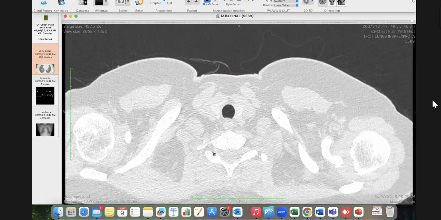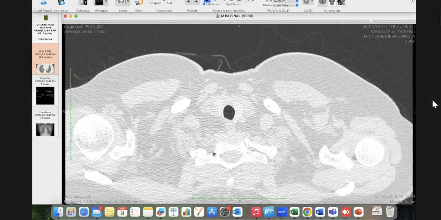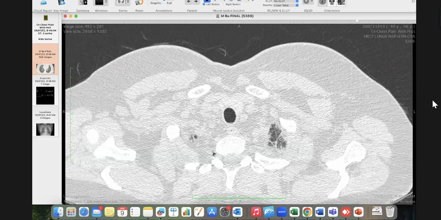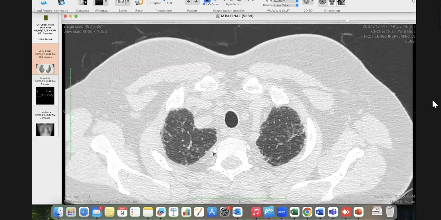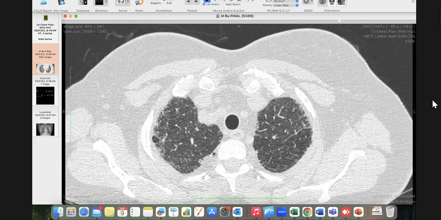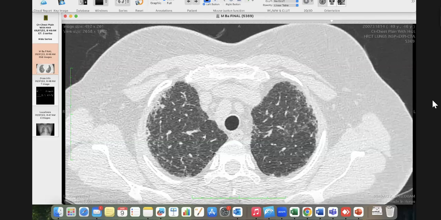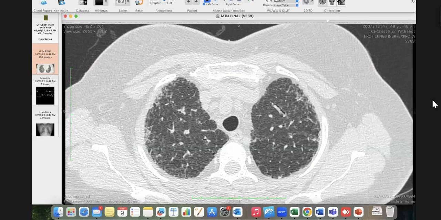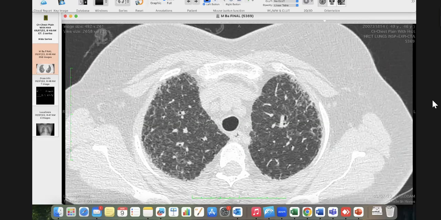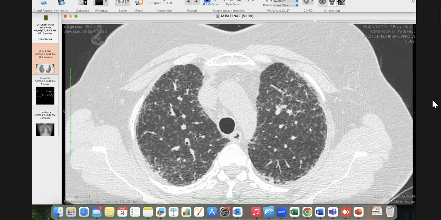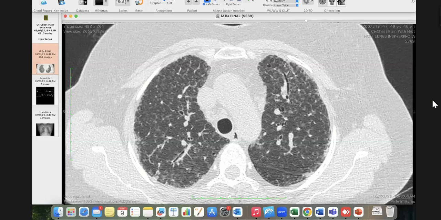Just pay attention. Reticular opacities in the periphery, traction bronchiectasis, first class, no problem. I am dealing with a fibrosing lung disease. I have made up my mind.